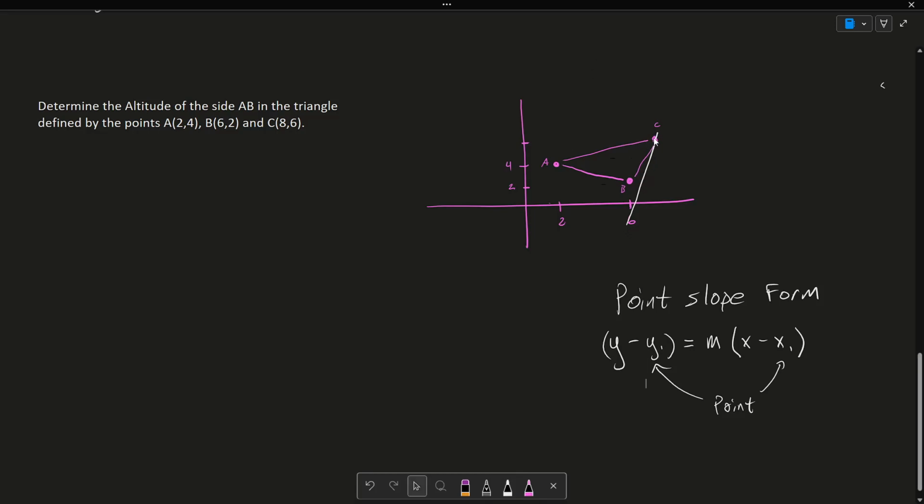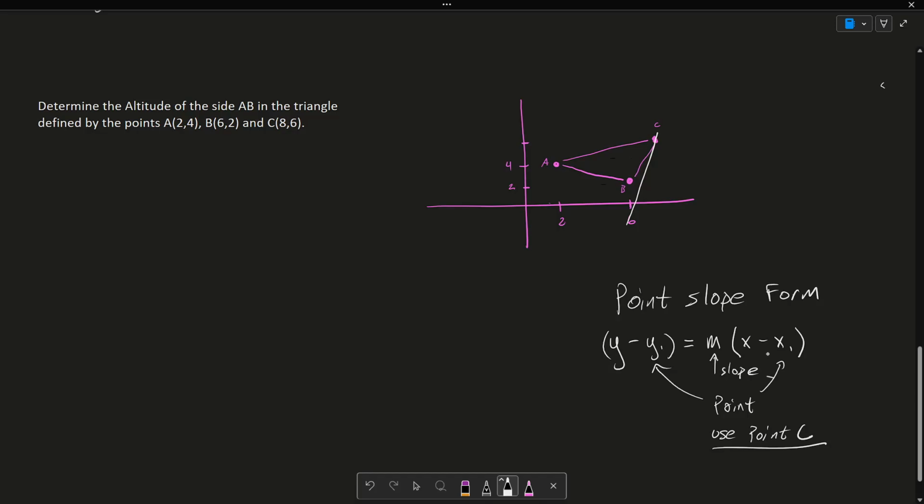We said it has to go through point C, so I'll just put the coordinates for point C in there. Now, what slope do I have to use?